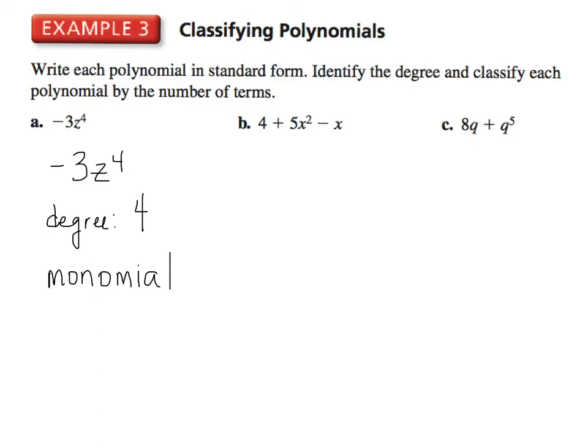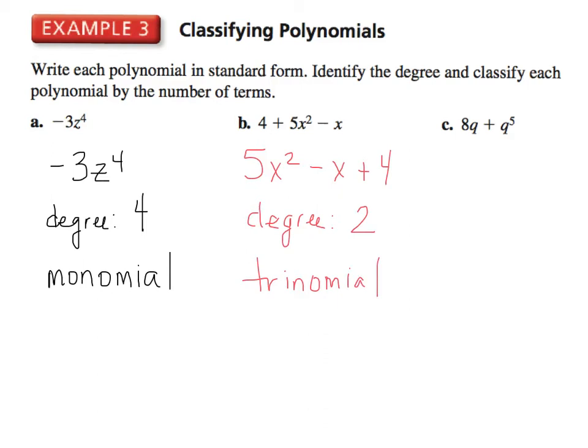Now in example 4, we have to put it in order from highest to lowest exponent. So 5x squared would be our highest degree. Then minus x plus 4. The degree of this one is 2. And since there are 3 terms, it's a trinomial.